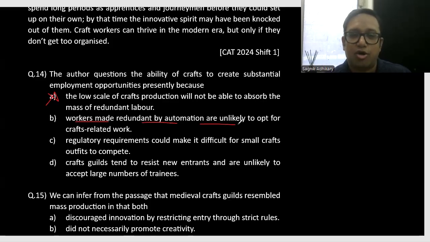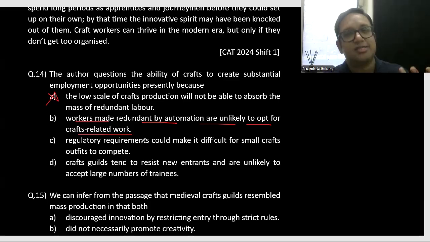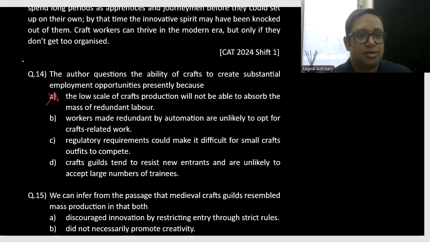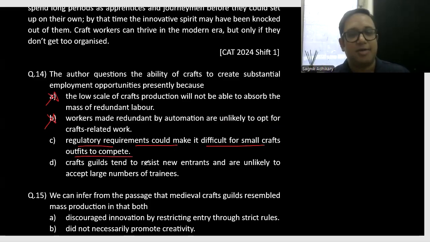Option B: workers made redundant by automation are unlikely to opt for crafts-related work. Again, we don't know whether crafts would be able to retrain these workers, whether they would want to get into crafts or not. We have no idea. So option B is also incorrect. Option C tells us regulatory requirements could make it difficult for small crafts outfits to compete. Yes, because products and services have to go through regulatory hoops.